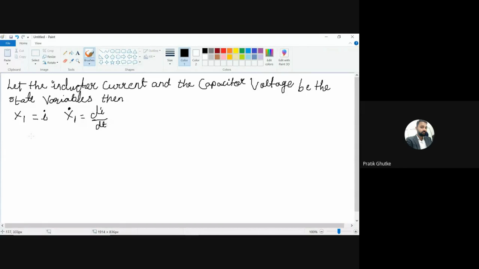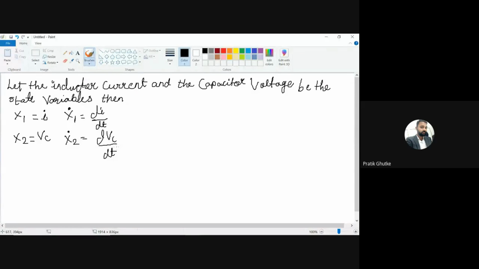Similar way, what is my x2? x2 equals to Vc, the capacitor voltage. So what would be x2 dot? x2 dot means derivative of x2, so it would be dVc by dt, that is the derivative of Vc with respect to time.